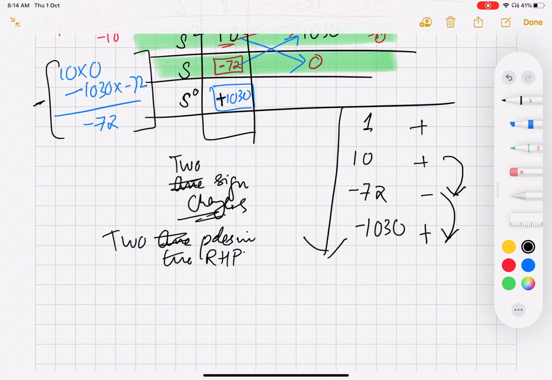So what is the criteria? The criteria is very simple.